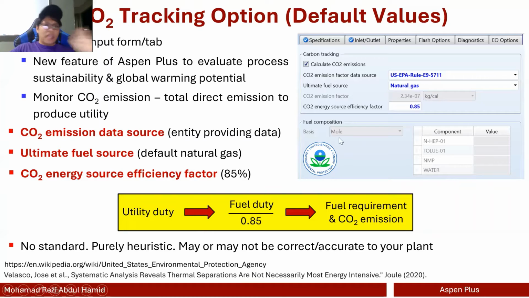Actually, there is no standard when it comes to providing this number. It is purely heuristic, so it may or may not be accurate for your plant. So you have to be a good engineer and decide, or maybe discuss with your superiors and decide what the best numbers are for your plant. Okay, moving on.